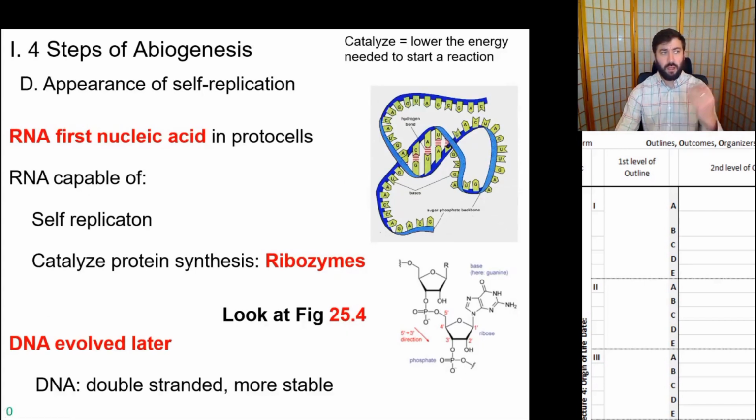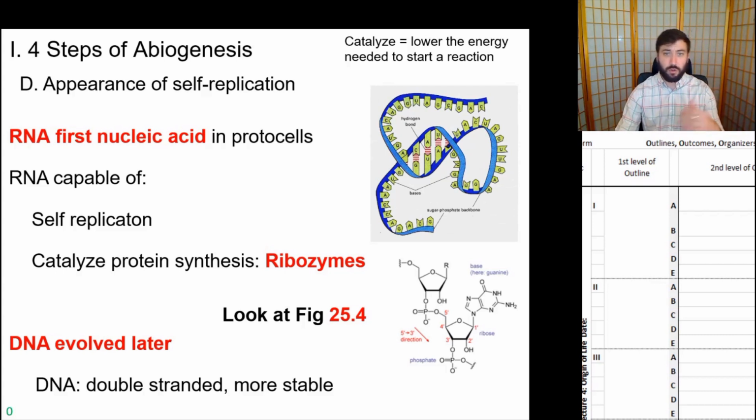So now, along come ribonucleic acids, or RNAs. RNAs are really cool because they can self-replicate, and they can help catalyze protein synthesis via ribosomes, which are basically RNA molecules that can act like protein-based enzymes, facilitating chemical reactions, right?